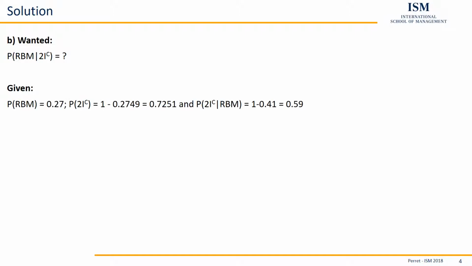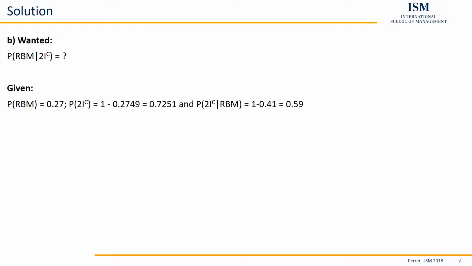When we consider what we have been given, we need to do some small recalculations as well. First off, we know the probability that someone studies RBM is 27%. That's still okay. Then we need the probability that someone does not have more than 2 internships. We know the probability that someone has more than 2 internships, so we can just go 100% minus the probability which we calculated in part A. Then we get the probability that someone has 2 or less internships, being 72.51%.